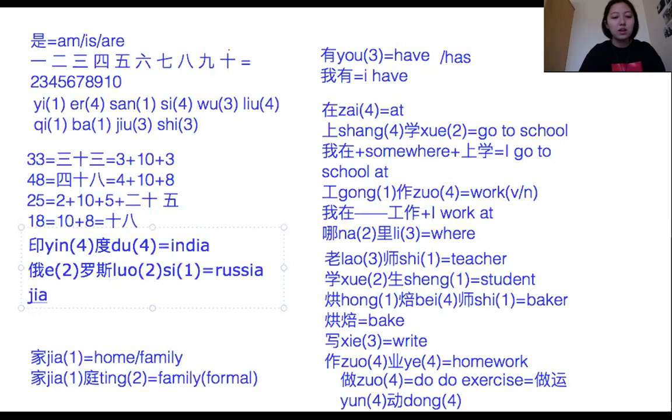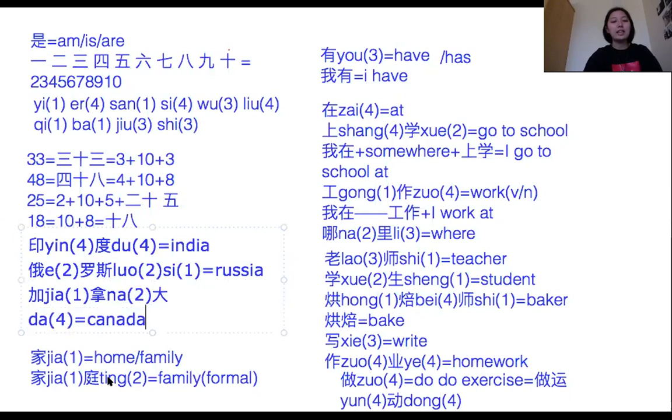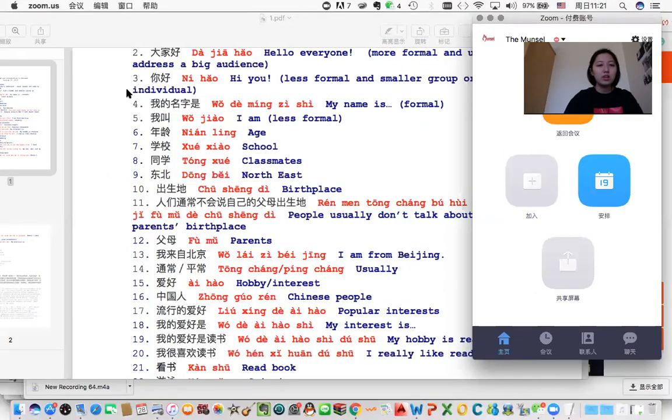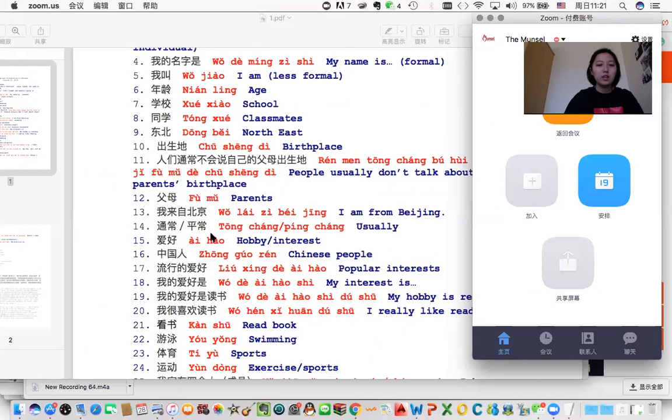We also have 加拿大, which is Canada. So you can say I'm from India, 我来自印度. I'm from Russia, 我来自俄罗斯. I'm from Canada, 我来自加拿大.